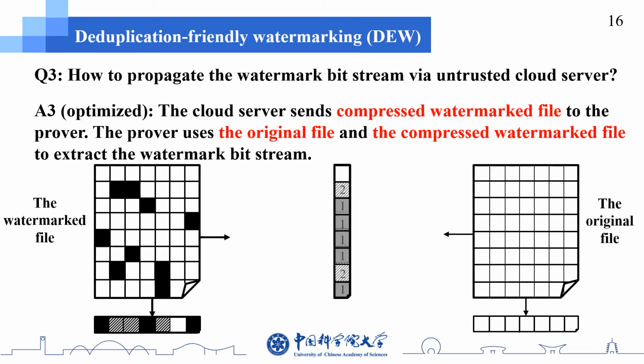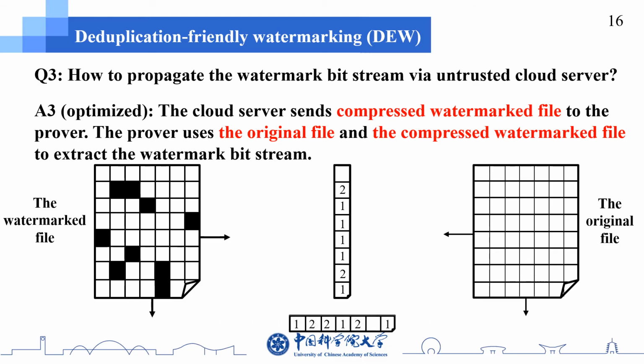Then, by comparing the compressed column matrices of the watermarked file and the original file, the prover can obtain the aggregated watermark bits in each row, and likewise compares the compressed row matrices of the watermarked file and the original file to obtain the aggregated watermark bits in each column.